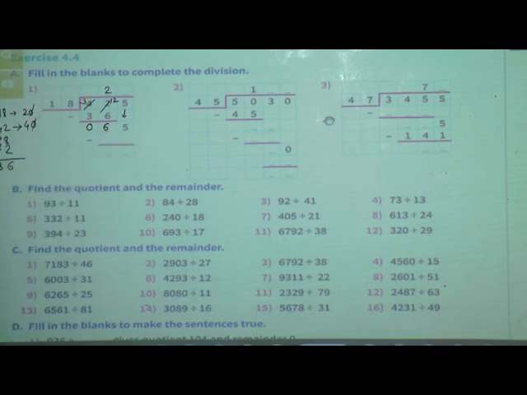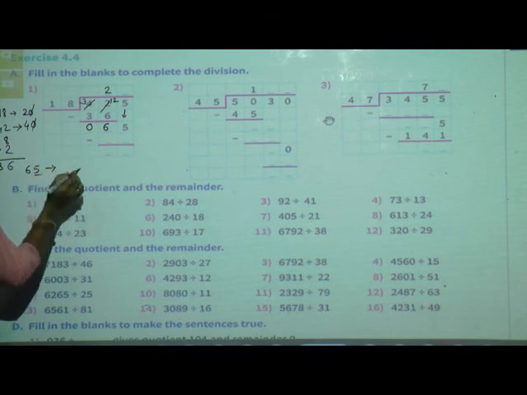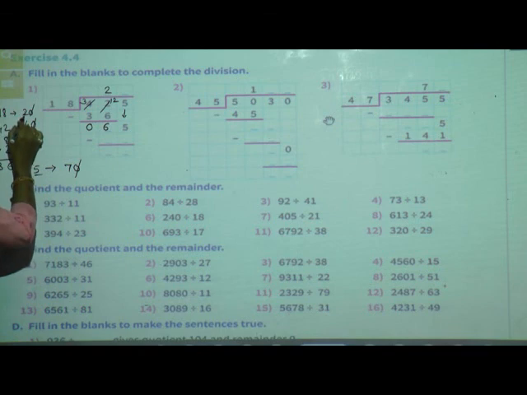Already we have the estimate of 18. Now we will go with 65. They have given 65. What will be the estimate number? 70, isn't it? Cross the zeros. How many times 2 makes 7? Actually 7 is not in the 2 table, but roughly, 2 threes are 6.